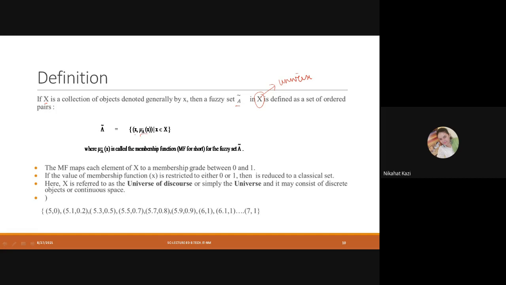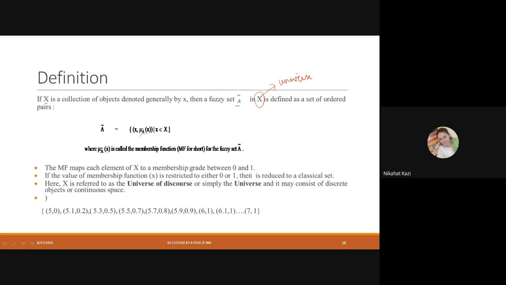So x has a mu A of x, where mu is a function, called a membership function, or MF for short, for the fuzzy set A. The membership function maps each element of X to a membership grade, or membership value, between 0 and 1.